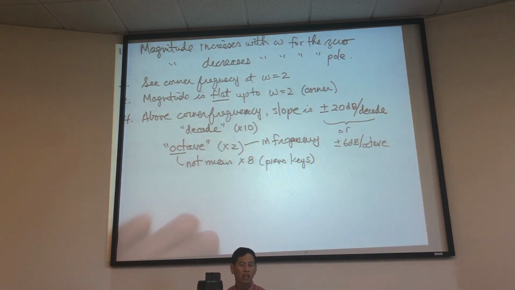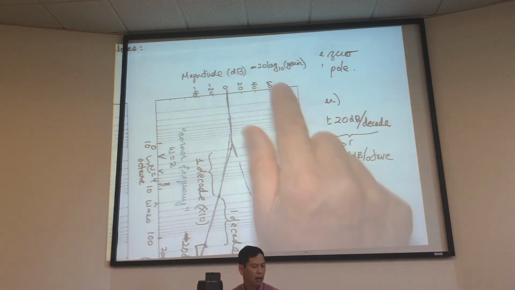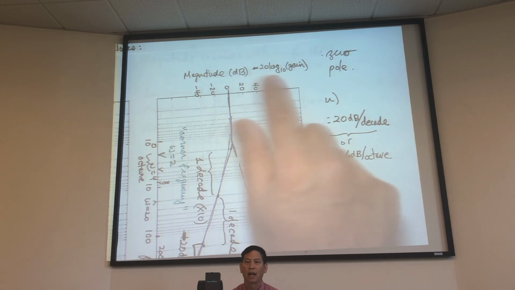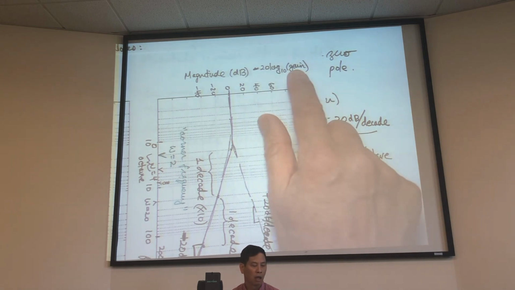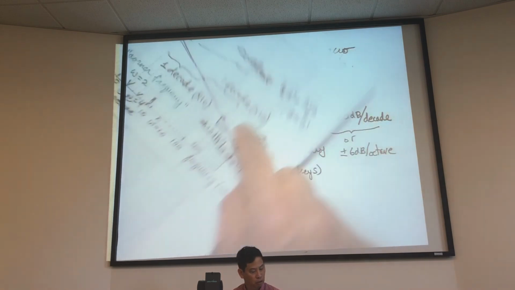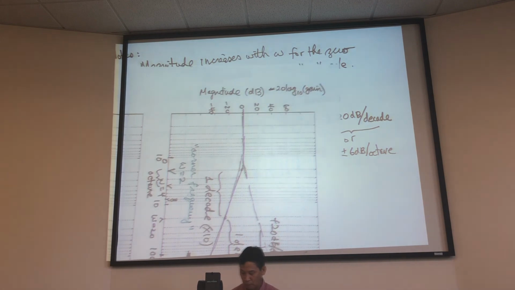Okay? 20 dB per decade or 6 dB per octave. The 20 dB comes in from the idea that, remember when we looked at dB, dB is defined as 20 times the log of the gain. So if the gain were to increase by a factor of 10 because of the frequency change, then we're going to get a change of 20 dB.